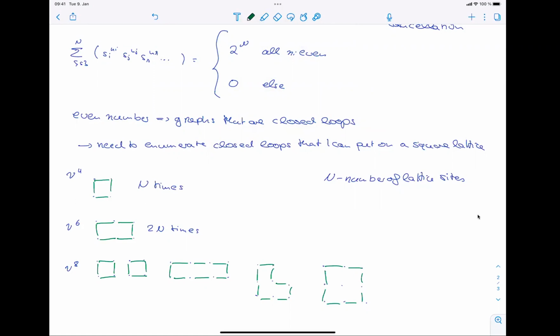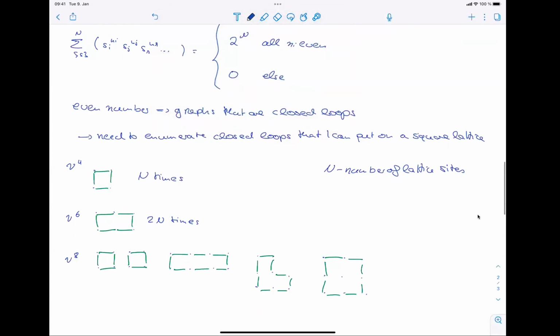You see that really rapidly, if I go up in the powers of v from 4 to 6 to 8, the number of possibilities of how I can find closed loops grows rapidly. So I'm stopping here, but I believe Yeomans shows you even the v10 and v12 terms, which I don't have the patience to draw. I think you get the gist here.